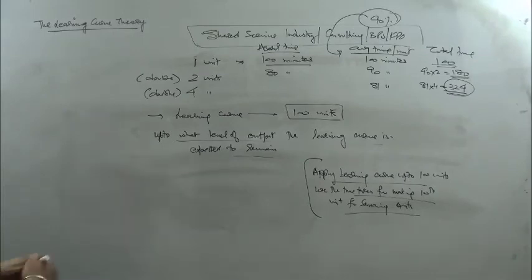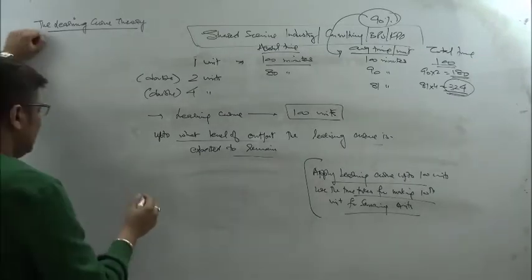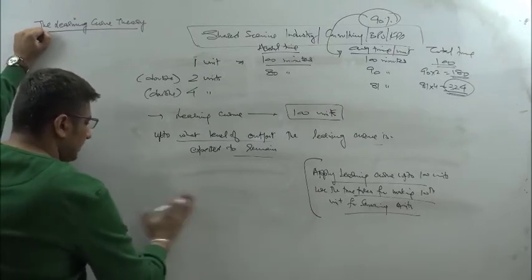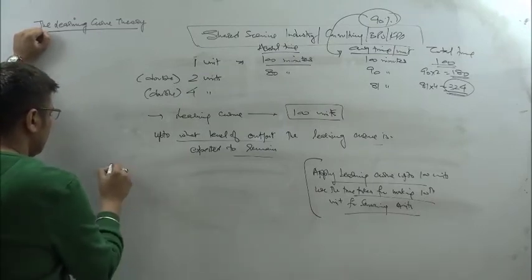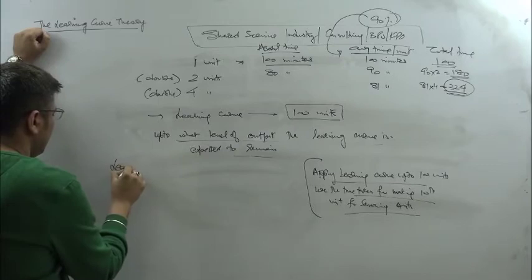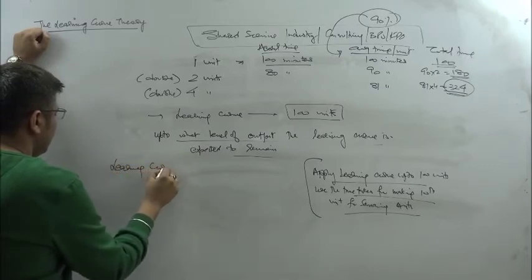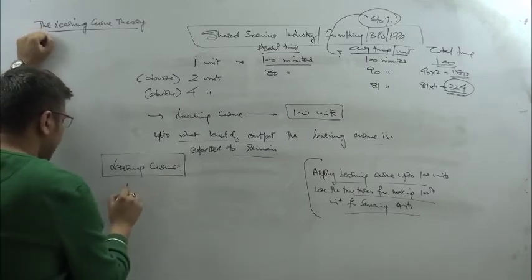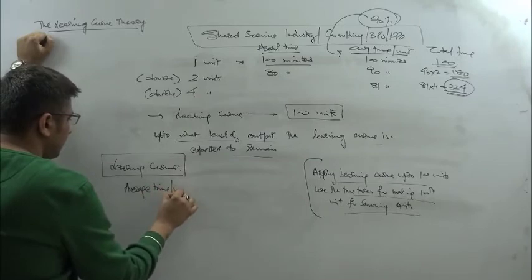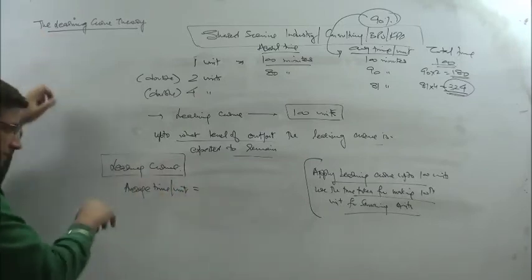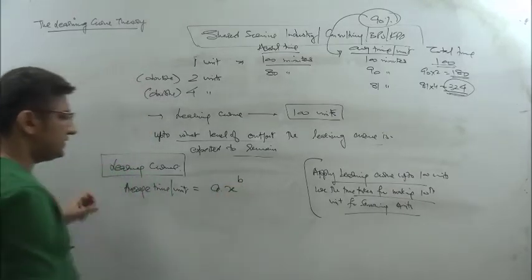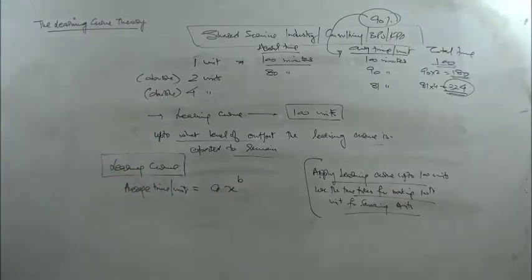We are using a mathematical approach where, using the learning curve, we say that the average time per unit may be calculated as a times x to the power b.